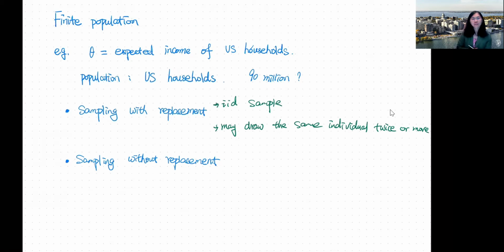And when you sample without replacement, after you draw an individual and observe the individual's variable values, you do not put that individual back into the population. So you draw the subsequent individuals from the population with the individuals already drawn removed.